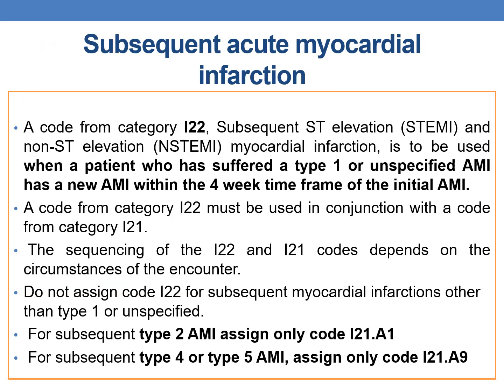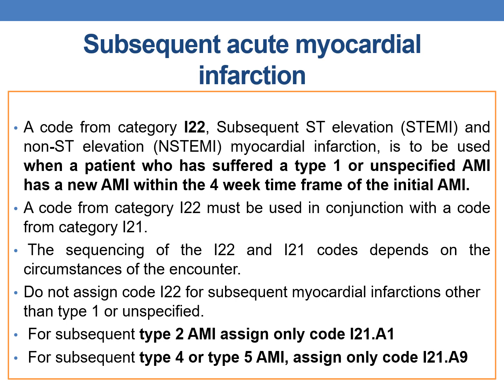Now coming to the guidelines regarding subsequent acute myocardial infarction. A code from category I22, subsequent ST elevation and non-ST elevation. For STEMI and non-STEMI, the subsequent category is I22. It is only for type 1 or unspecified. That is important.